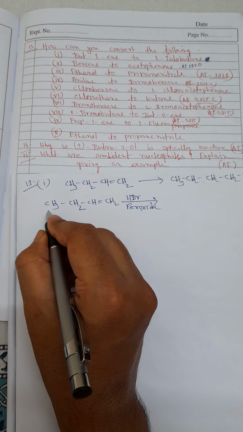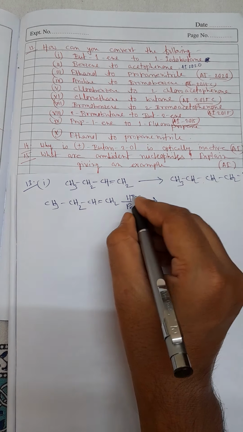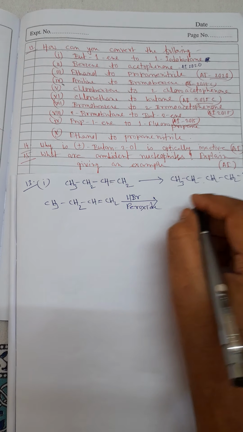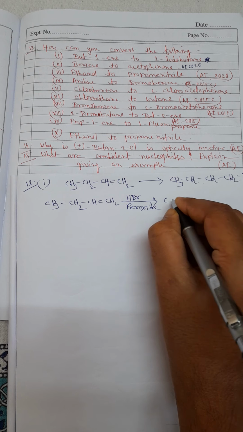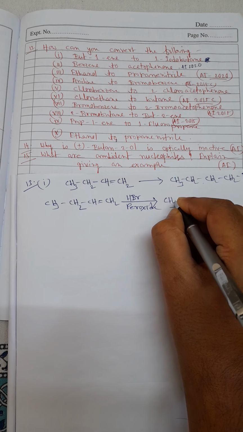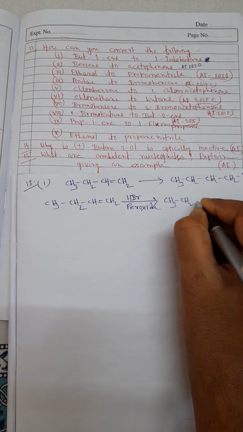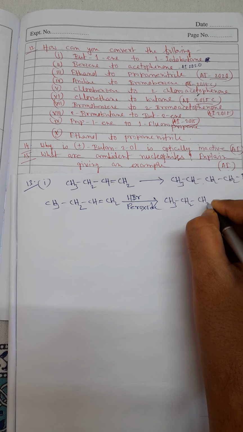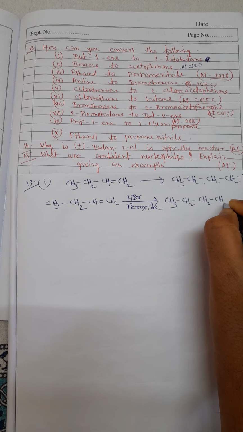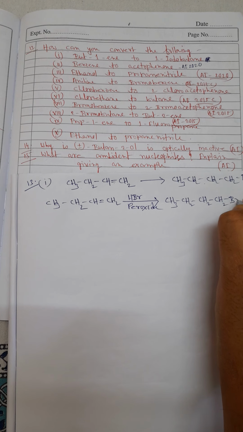I repeat it once again. When but-1-ene is treated with HBr with peroxide, then it will give CH3-CH2-CH2-CH2Br.